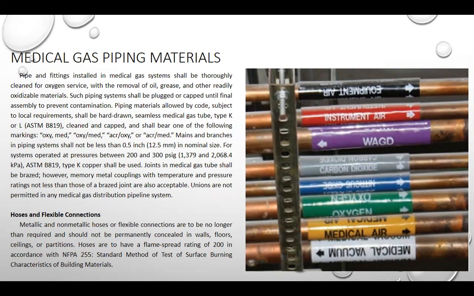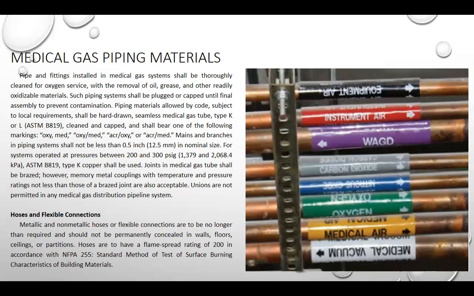Such piping system shall be plugged or capped until final assembly to prevent contamination. So piping materials allowed by code, subject to local requirements, shall be hard rolled, seamless medical gas tube, type K or type L, ASTM B819, cleaned and capped, and shall bear one of the following marks: OXY/MED, ACR/MED, OXY, ACR, or ACR/MED.